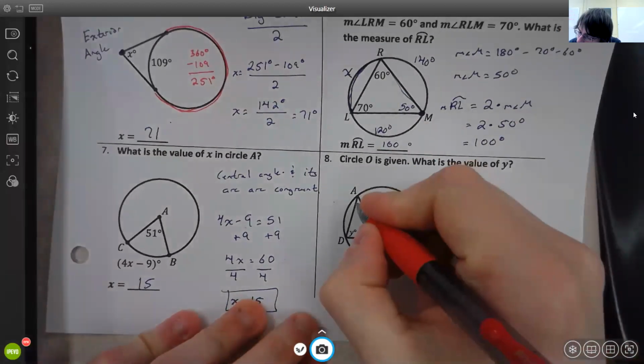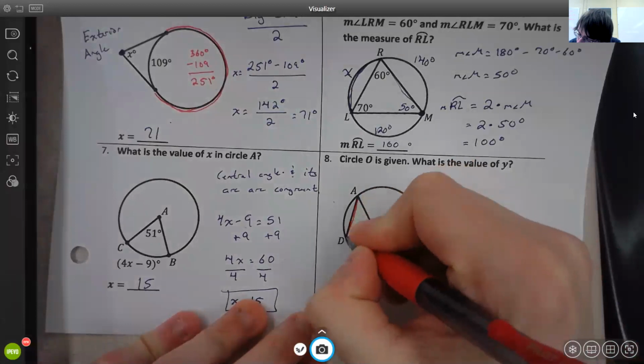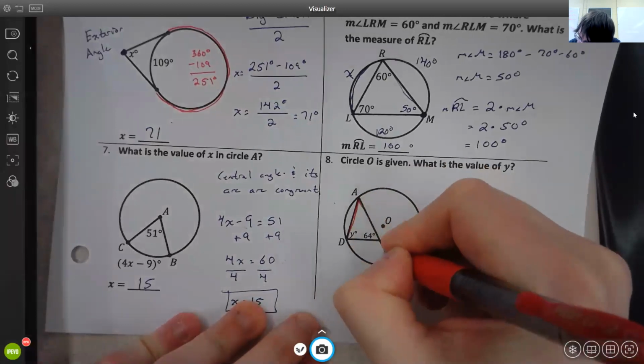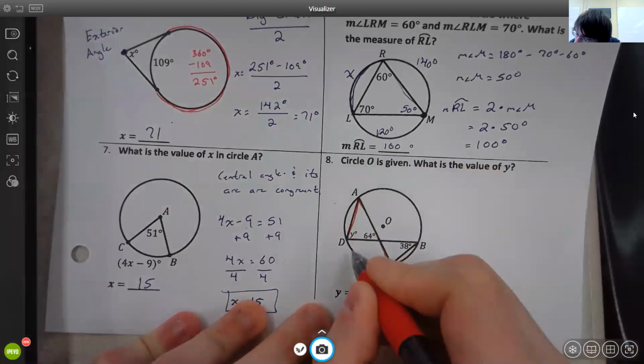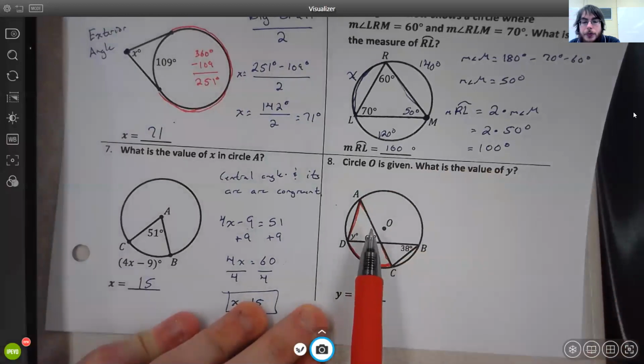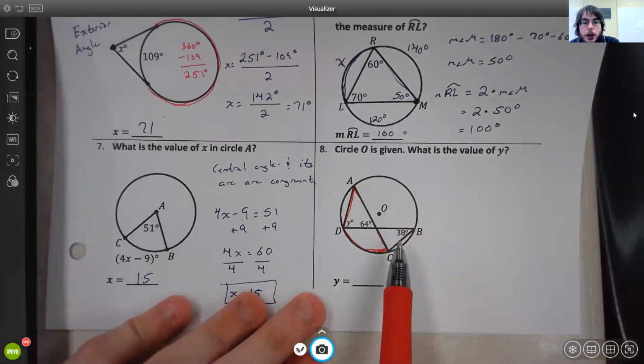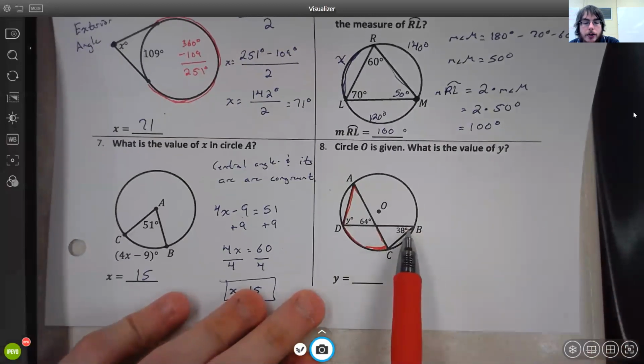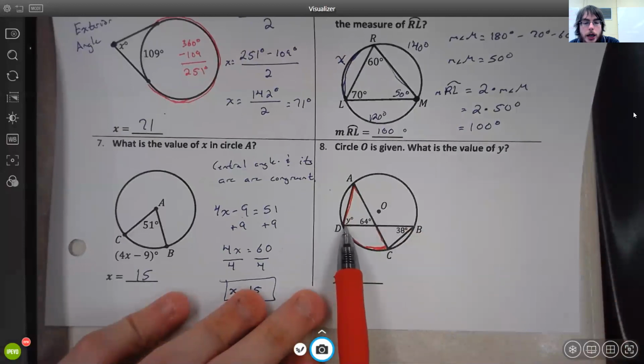Well, look here at A. It intercepts with arc DC. It intercepts right there. And if you look on your other triangle, what other angle starts at D, goes to its angle, and then ends at C?